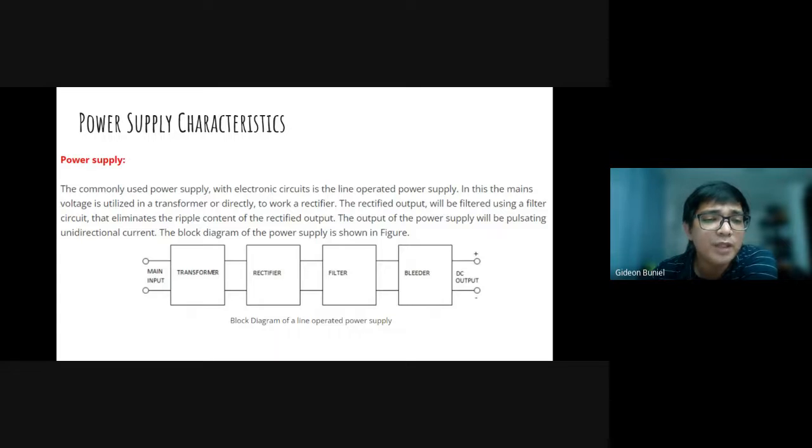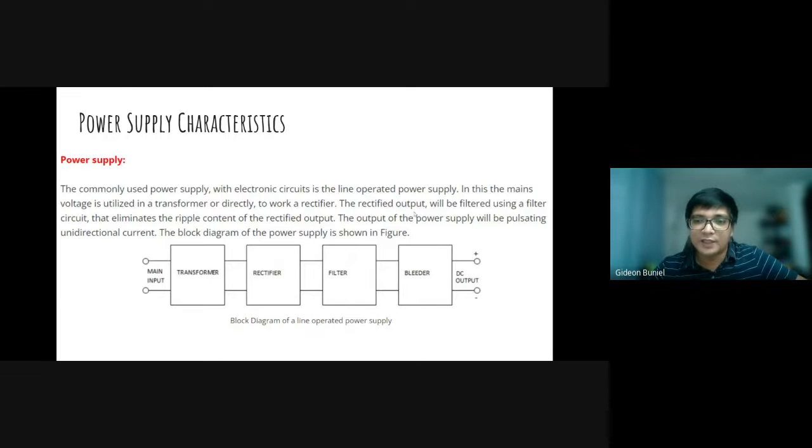For the power supply, the commonly used power supply with electronic circuits is the line operated power supply. In this, the mains voltage is applied to a transformer or directly to a rectifier.